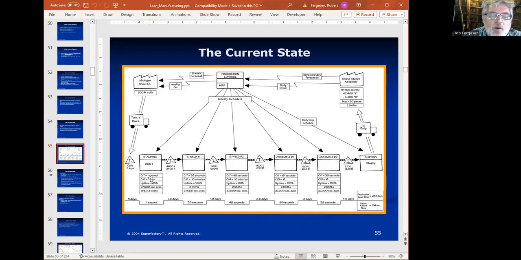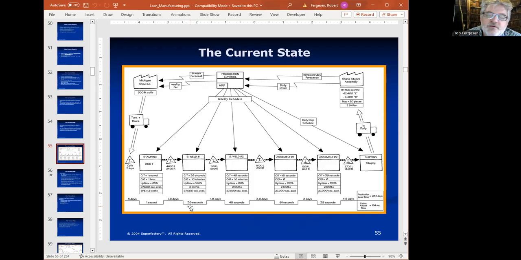Above each one of these little dips, which measures seconds, minutes, or days, or hours, you're going to see a box that describes a production step. Stamping, welding, assembly, shipping. So these are pretty generic production steps.